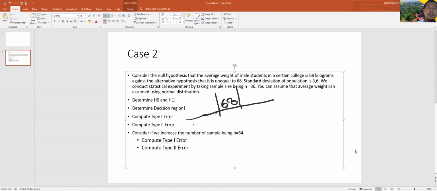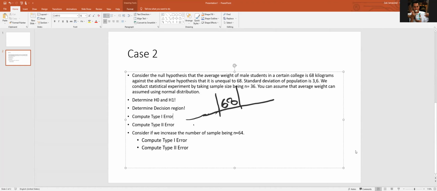I mean, the steps are the same as Hanif did previously. So you already determined the null hypothesis and alternate hypothesis.